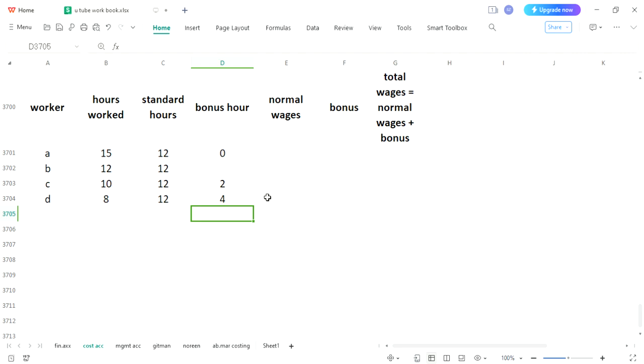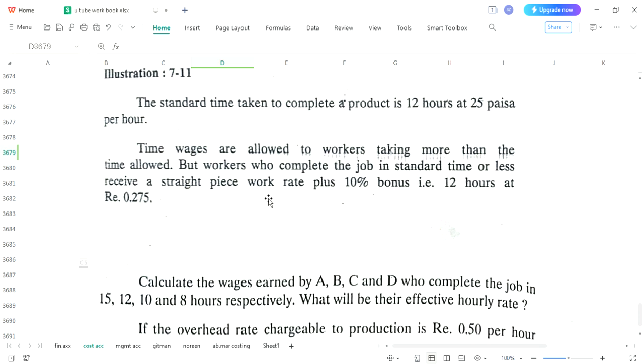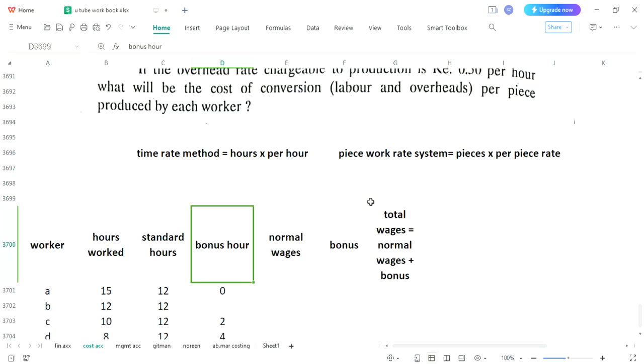So it's time to see normal wages and bonus. Look here, standard time is this, and 25 paisa per hour. 25 paisa per hour is normal wages, and 10% would be paid extra to the person who has completed his job within or less than standard time. Okay, so here we will be calculating their rate.